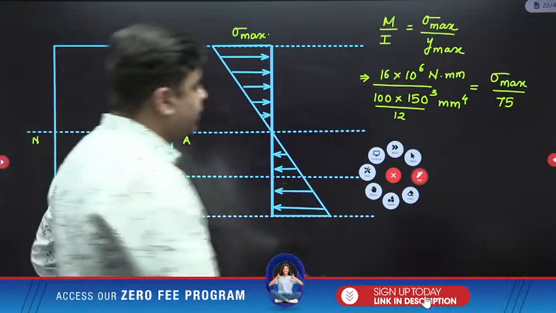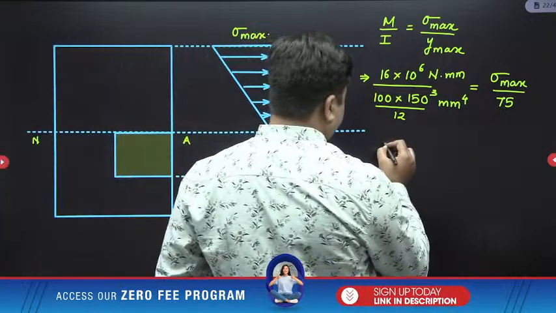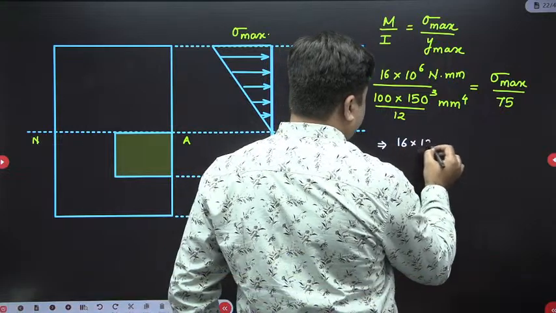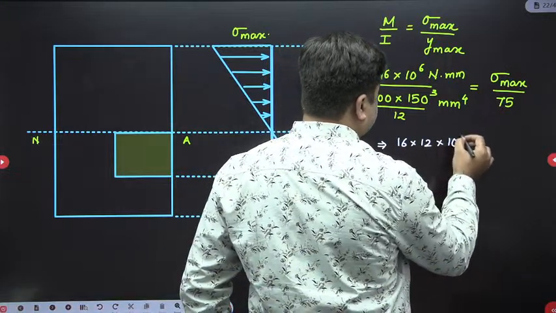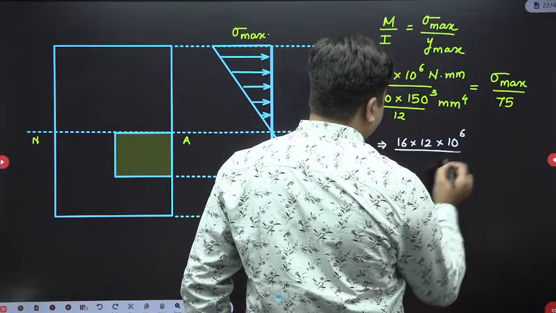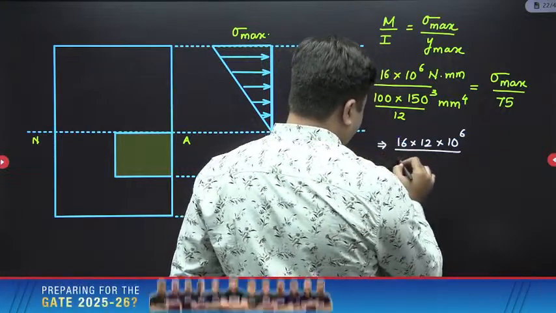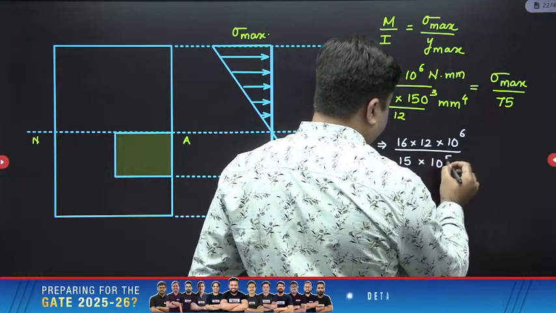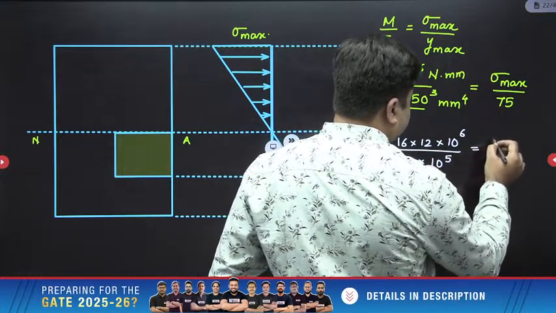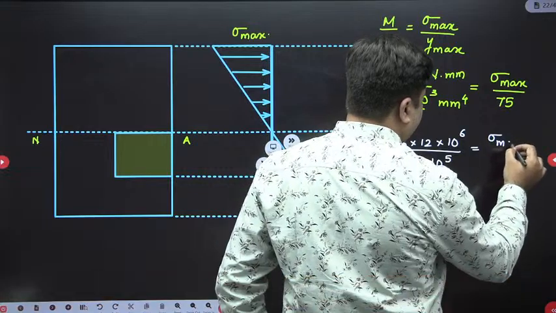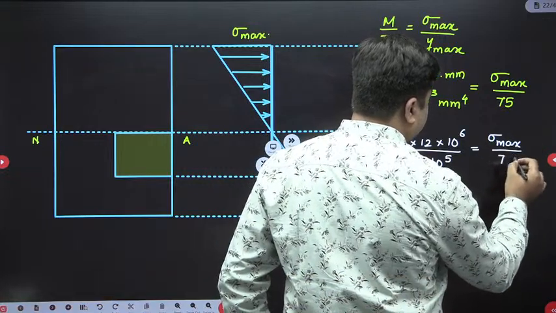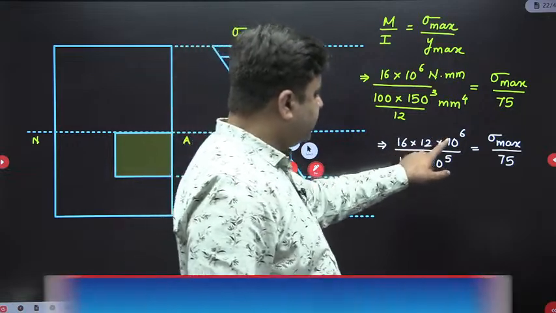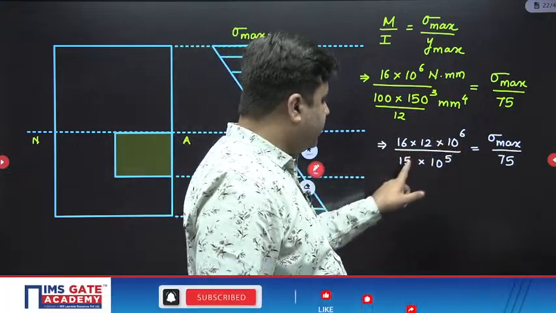So let's simplify this first. So this will be how much? This will be 16 into 12 into 10 raised power 6 divided by 15 into 10 raised power 5. This is equals to sigma max upon 75. So 16 into 12 into 75 into 10 divided by 15.